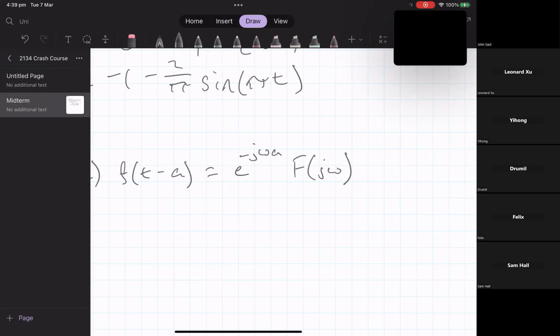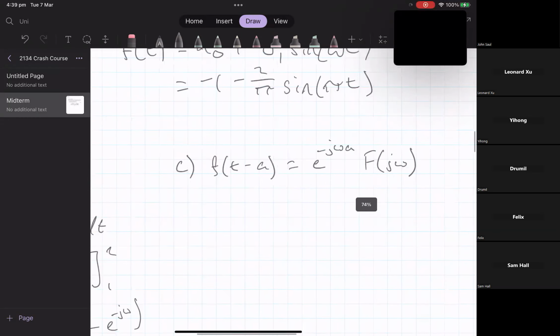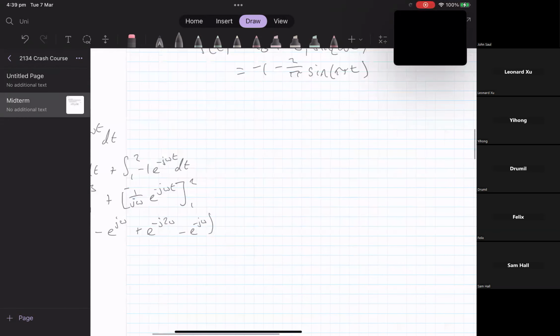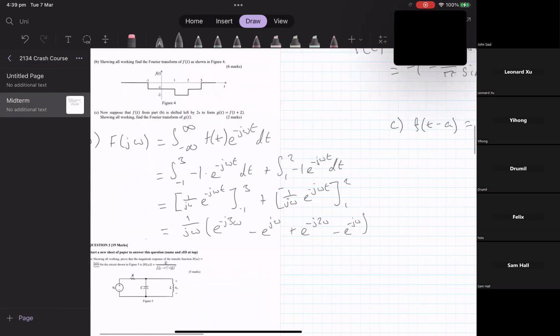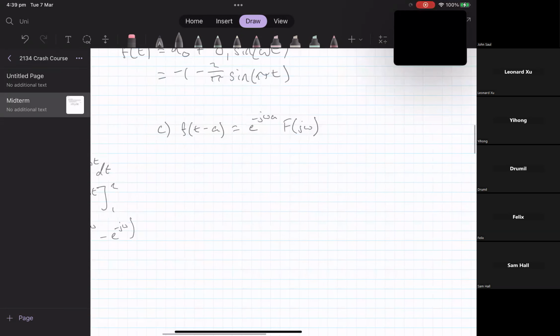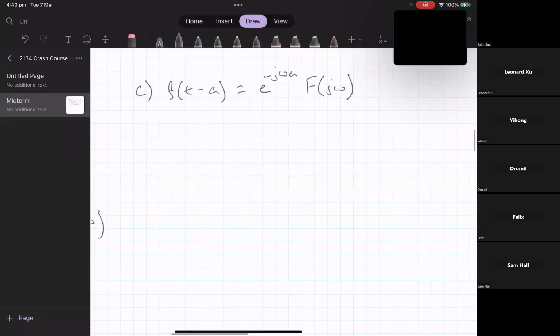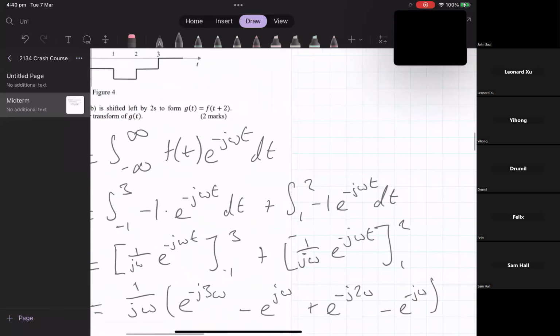So just multiplying it by that exponential, we have a time shift. So that makes this problem really easy. We just take our original F of j omega and multiply it by this exponential. And in this case, a value is -2, because we're shifting by a +1 over here.